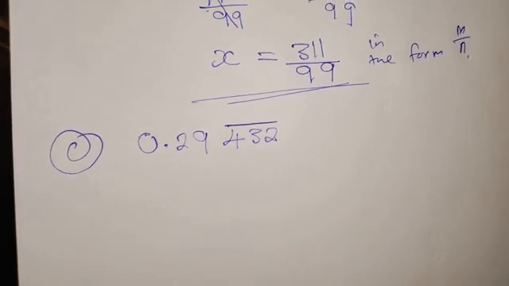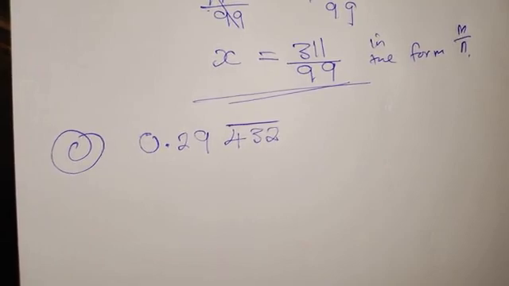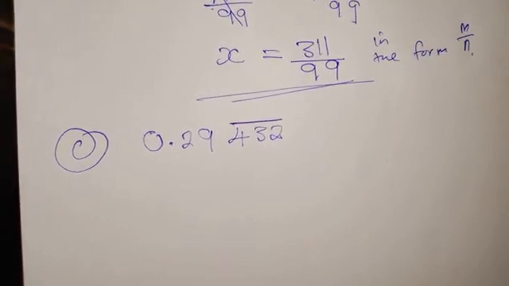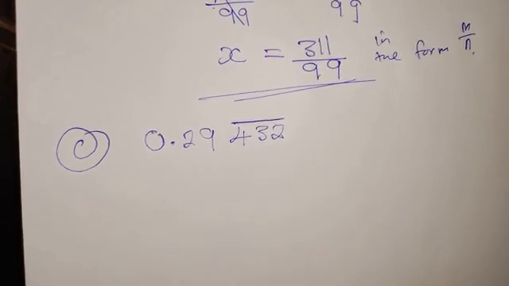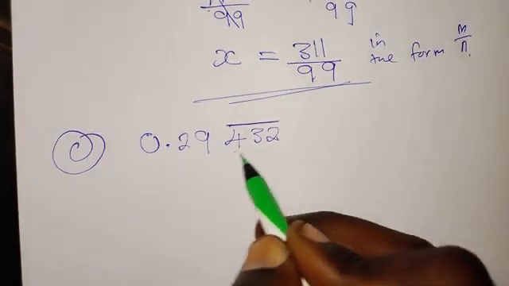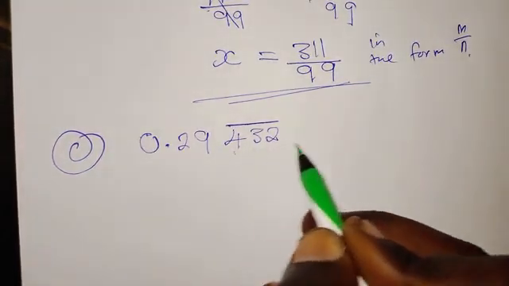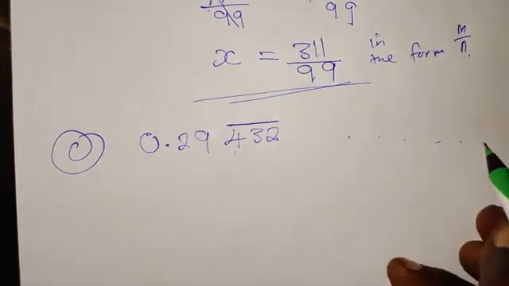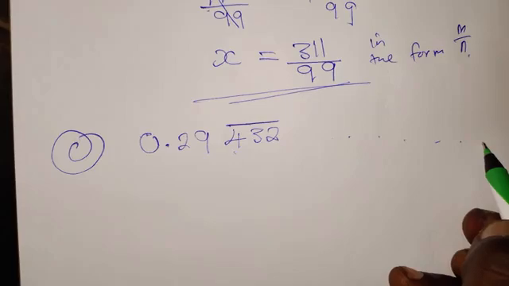Look at where the bar is starting from. The bar is not starting from 2, it is starting from 4. It means that the only repeating numbers here are 4, 3, 2. So after the point we have 2, 9, then 4, 3, 2 continues to repeat themselves throughout.